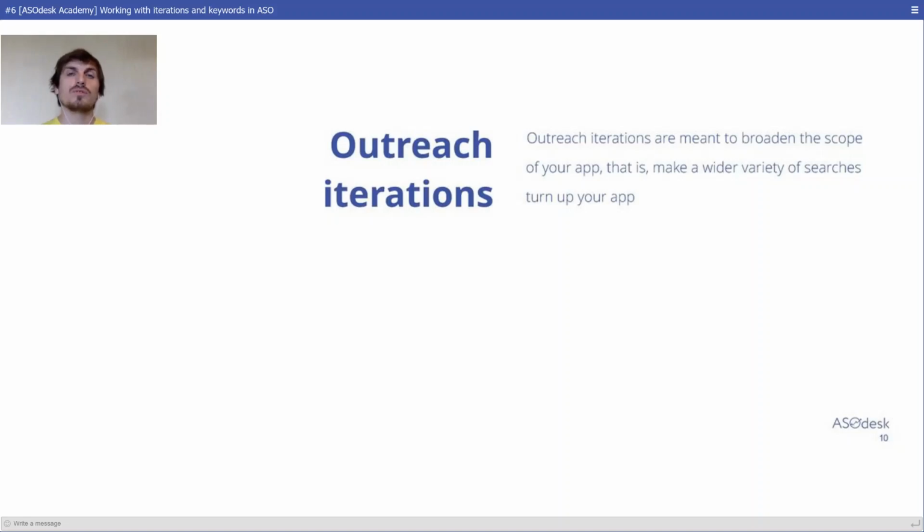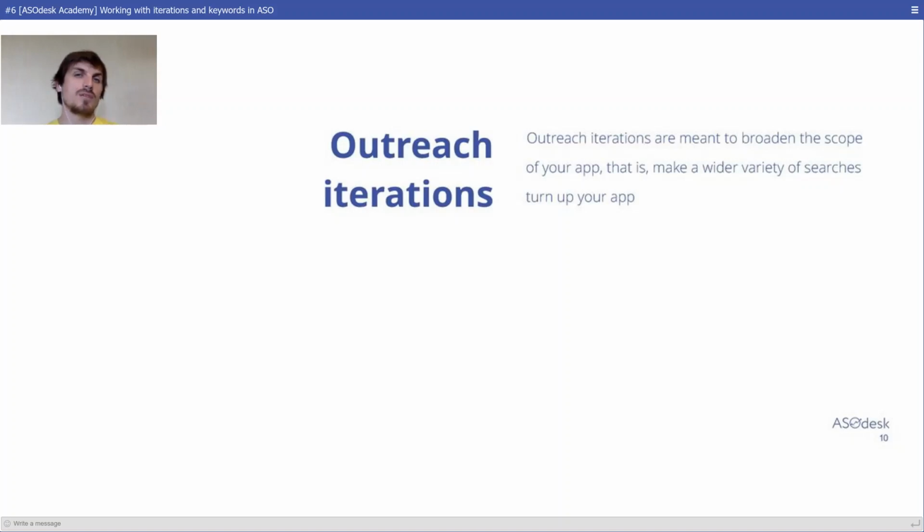So we are looking for all the keywords which are used to find an app which has this feature, and we add a huge number of keywords to our semantic core, and we should start basically from the outreach iterations. We are not deleting all the previous keywords, we just add these keywords.